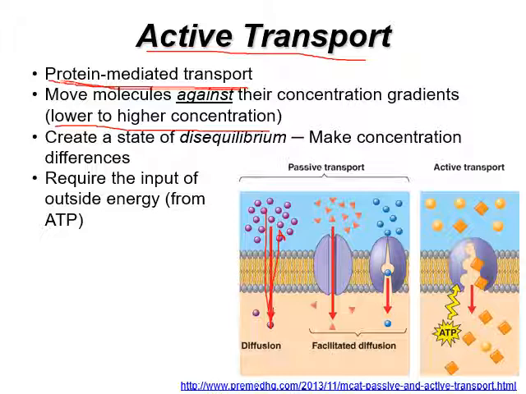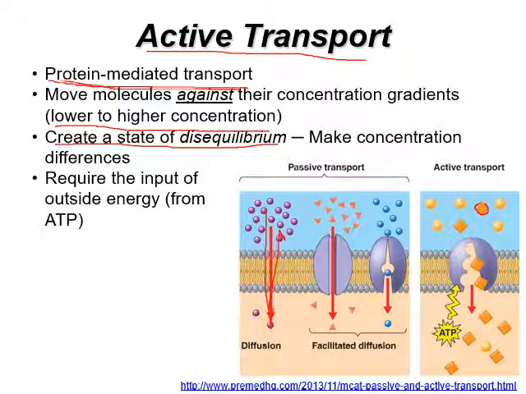And this is actually going to allow the cell to create a state of disequilibrium. It's going to allow us to make concentration differences. And the cell, in some cases, is going to want a concentration difference. You can see here the little squares.